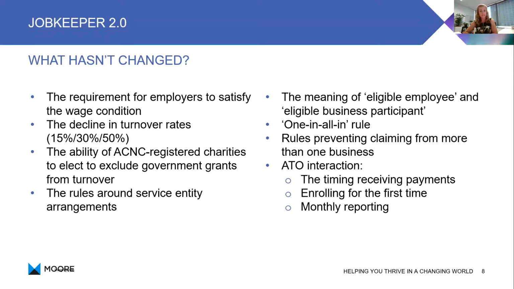Enrolling for the first time, because some businesses will enrol for the first time in the extension period, and the monthly reporting requirements. The monthly reporting requirements are interesting because when we go to the next couple of slides, you'll see we're testing eligibility based on a quarter, but we're still going to be reporting on a monthly basis. So those are the things that haven't changed. That's a big chunk of the rules. What we're going to do is focus on what has changed and how you determine whether you're eligible under this extension period.